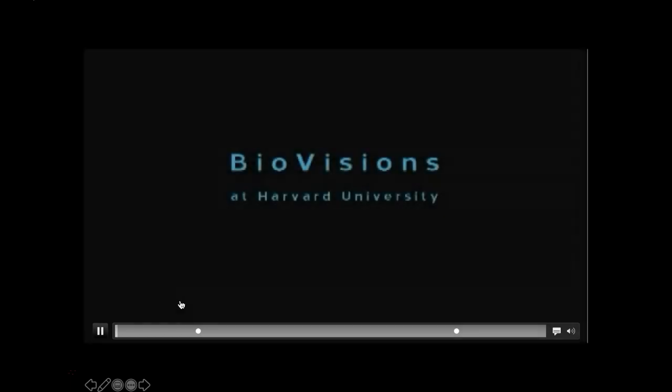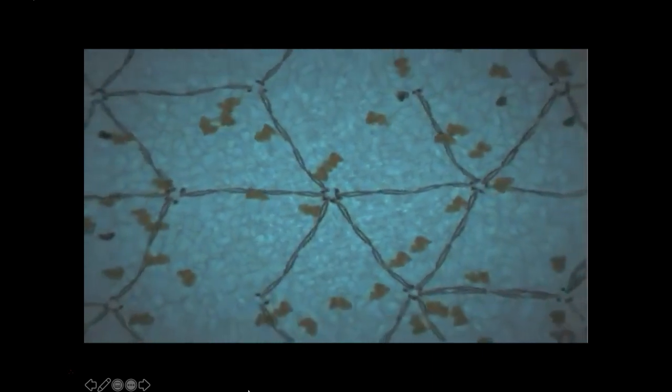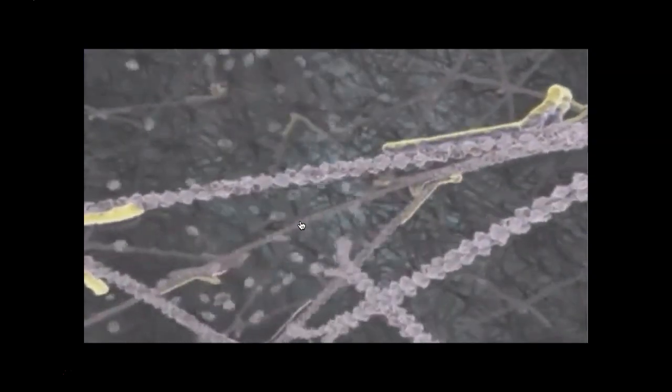And there's a video that does a really nice job of showing what goes on inside a typical cell. So the links are in the PowerPoint, but I wanted to show you, these are some of the cytoskeletal proteins inside of each of your cells that give your cells structure and support. I'll talk a lot about that in Chapter 3. These are like the bones of your cells, and they're constantly moving.